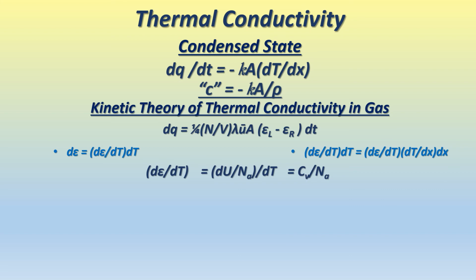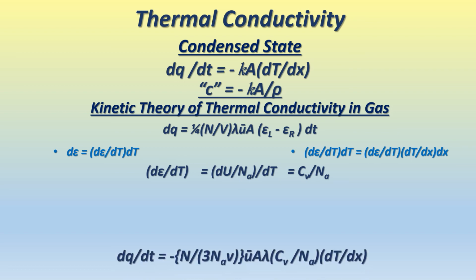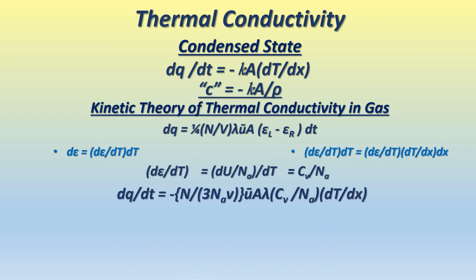The change in internal energy is the heat capacity at a constant volume. So for a gas, the flux of heat is determined by the heat capacity and the temperature gradient.